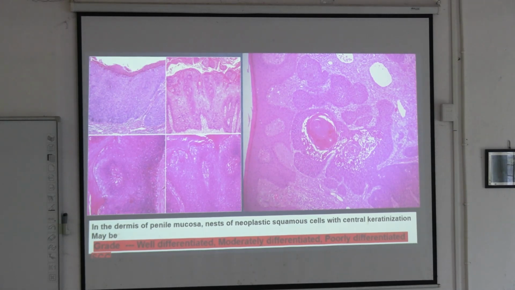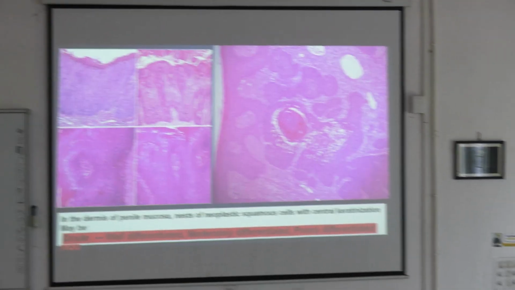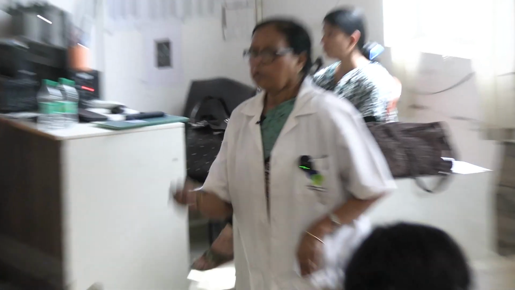According to differentiation it may be well differentiated, moderately differentiated, or poorly differentiated. So prognosis also depends upon the stage of the disease and the differentiation of the infiltrating squamous cell carcinoma.